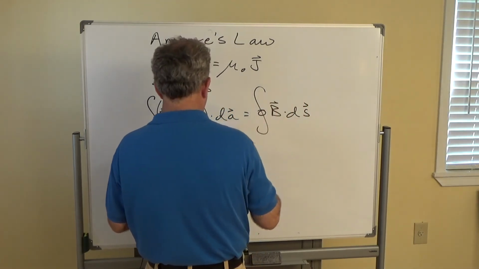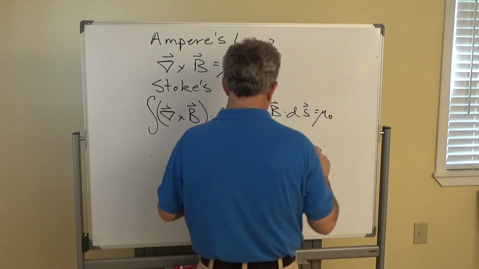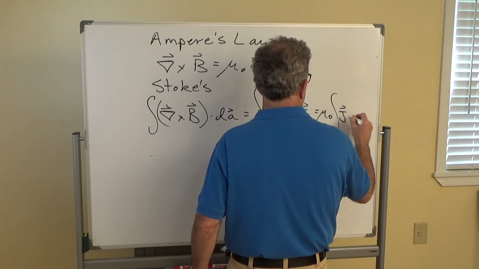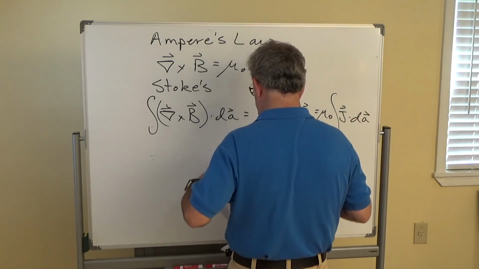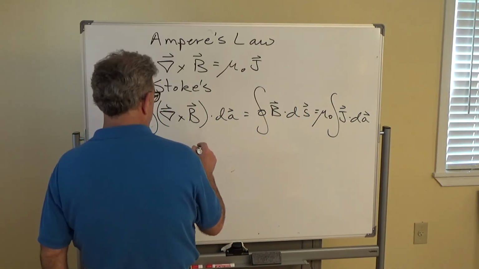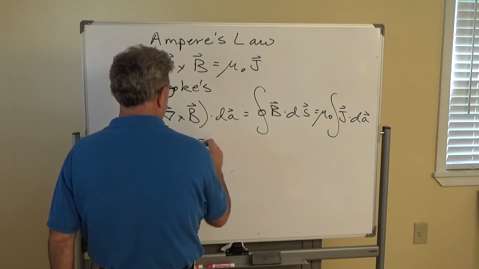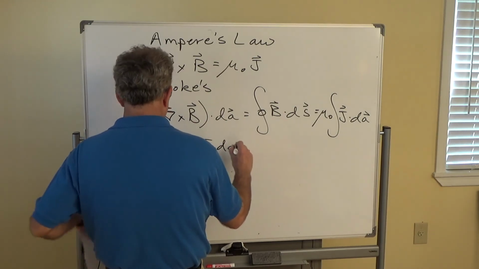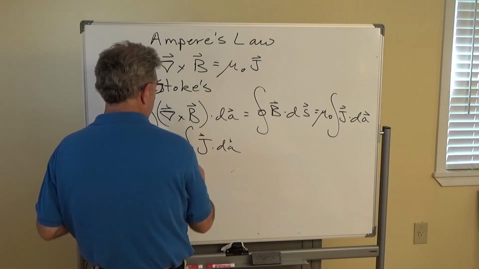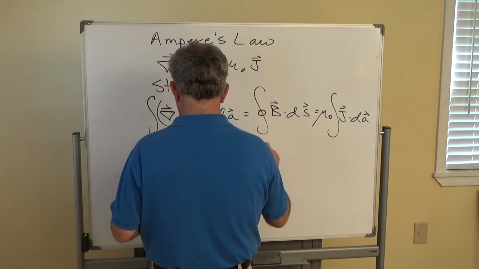That's what I did before. That's equal to mu naught times the integral of J dot dA. And that integral is equal to I enclosed.